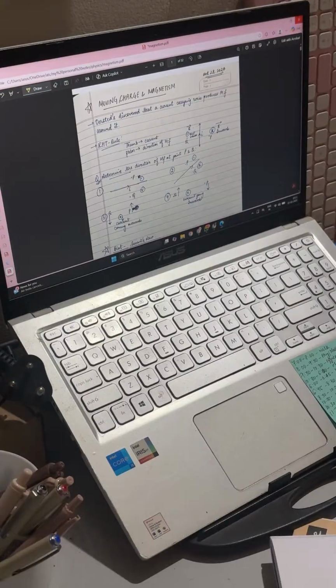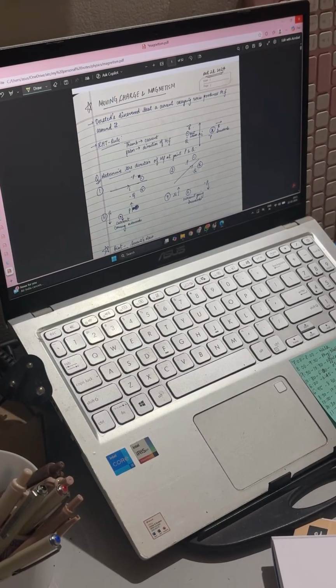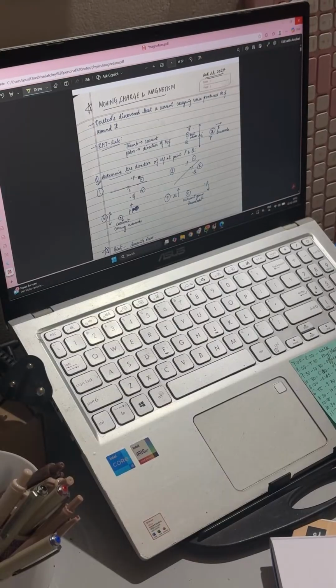Let me find my ball pen. I have a lot of pens, but whenever I need to study, I won't be able to find any of my pens right now. I hope my voice is audible.